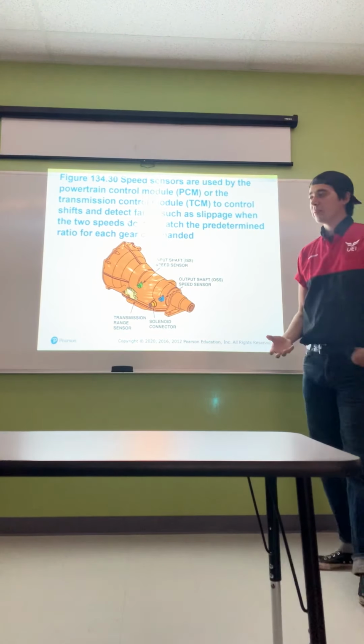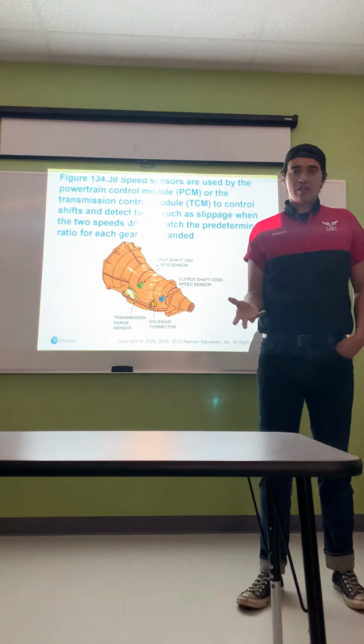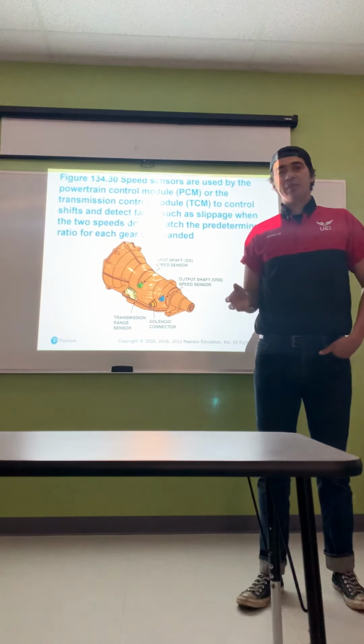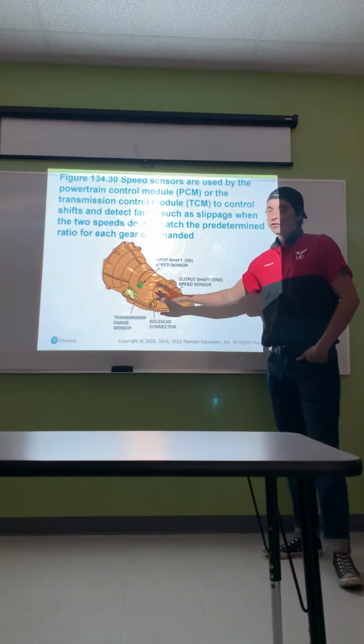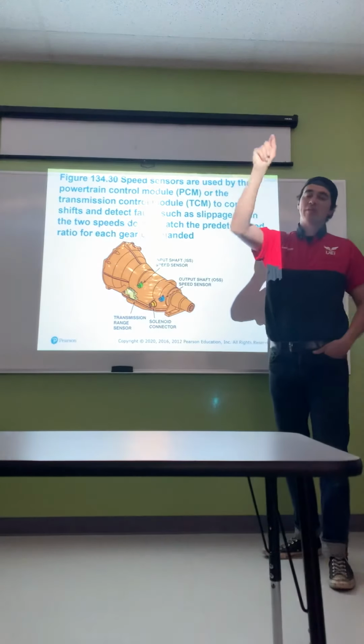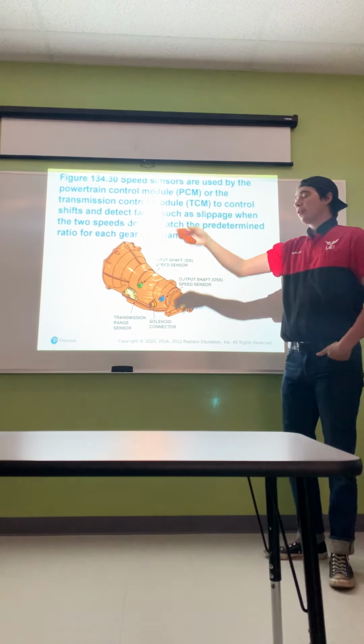Say a customer comes in because their transmission's slipping. Back in the day, we had to reenact that situation. We had to make it slip. Sometimes the transmission will, sometimes it won't slip. This is actually going to help us further determine what's slipping and why. It can tell you, you know what, it was slipping in between second and third, and it happened at 40 miles an hour.